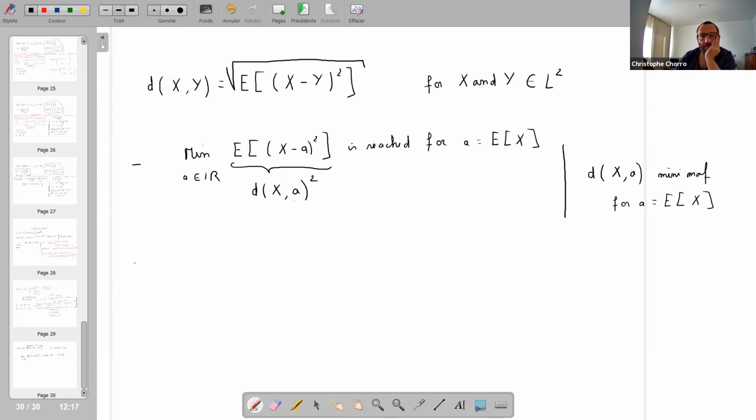In the same way, we have done the same thing for the conditional expectation.